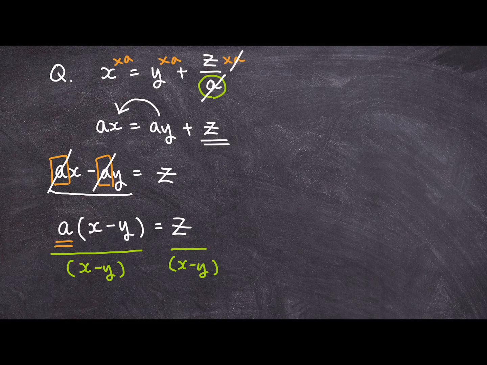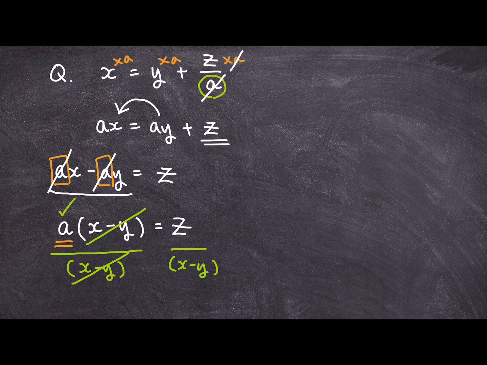I divided every variable that's present in my expression by x minus y so that I can eliminate x minus y from the left side of the equation and isolate a so that I can solve for a.